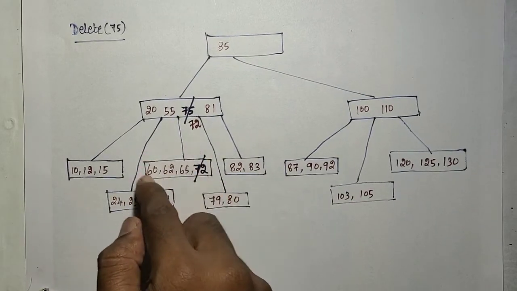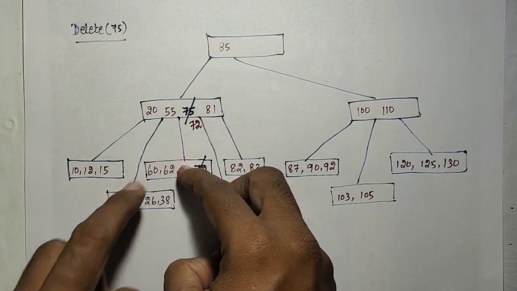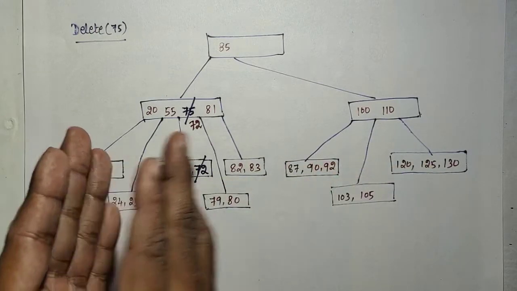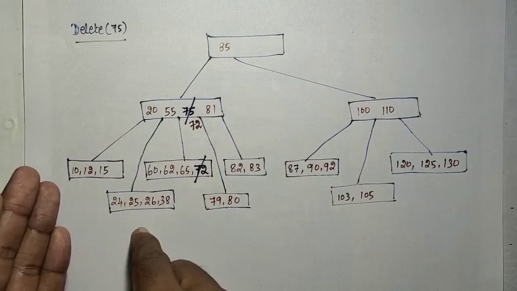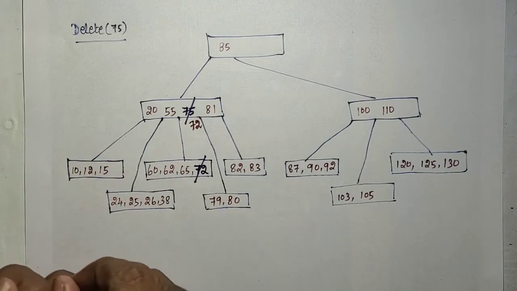Since it is a leaf node, I have to follow the same procedure which we followed for the leaf node. It means that I need to borrow one element from the left sibling or right sibling, or merge with the left sibling or right sibling.